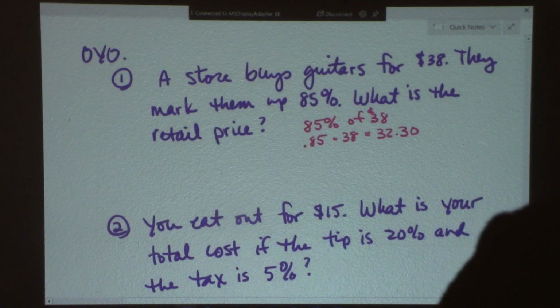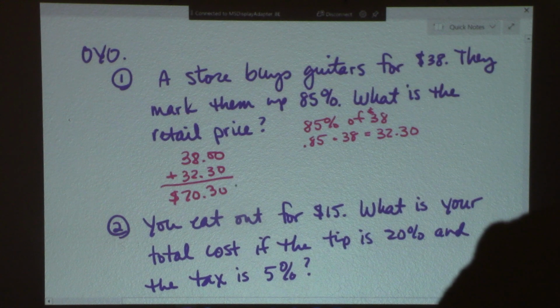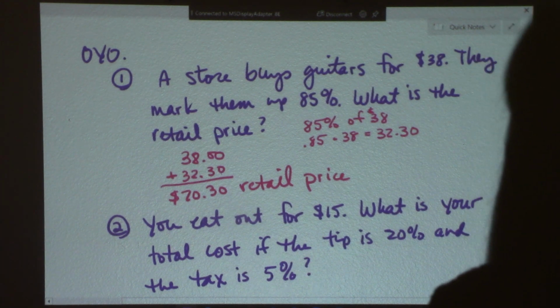Okay, so I'm going to take my original, which was $38, and I'm going to add $32.30 to it. And so my retail price now is $70.30. Okay? That's number one.